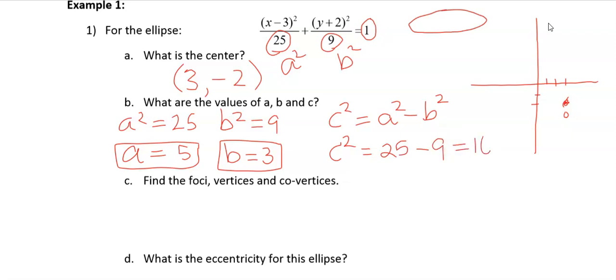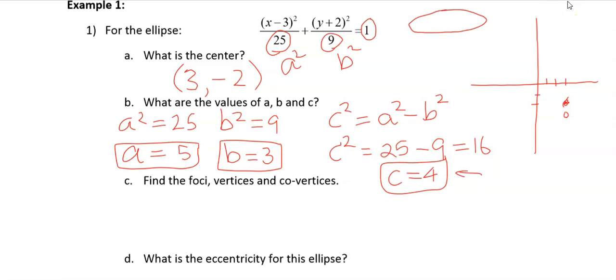I get C squared is equal to 16. Oh, that's a perfect square as well. That doesn't happen often. But if you take the square root of both sides there, you get C is equal to 4. So there's my A and my B, and yes, I had to calculate my C. If that was not a perfect square for C squared, you could either write C as a decimal or even leave it as a radical as well.